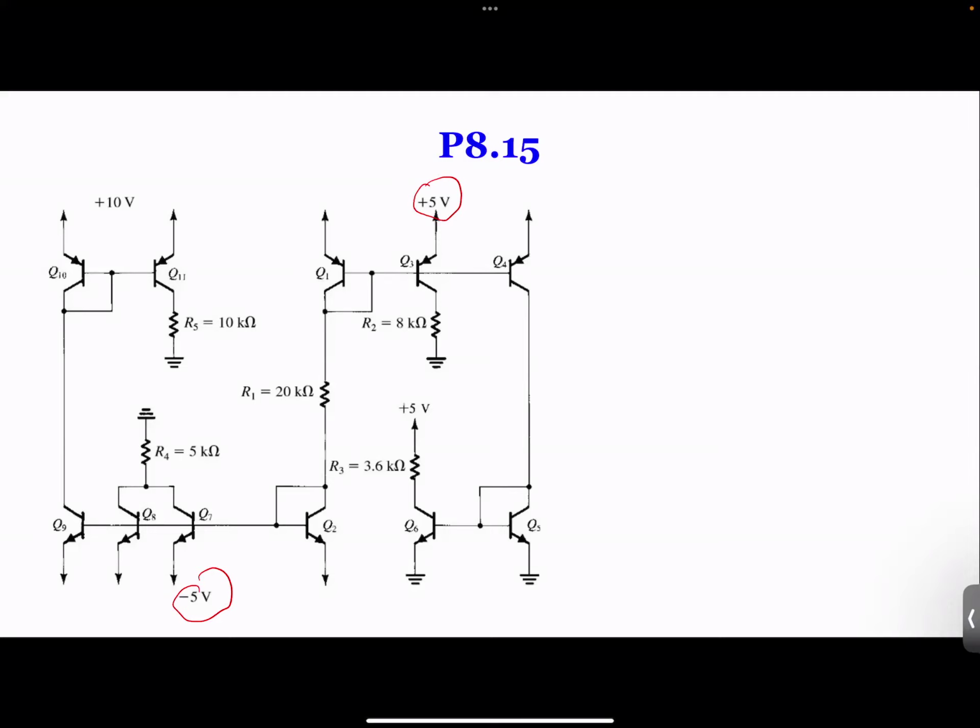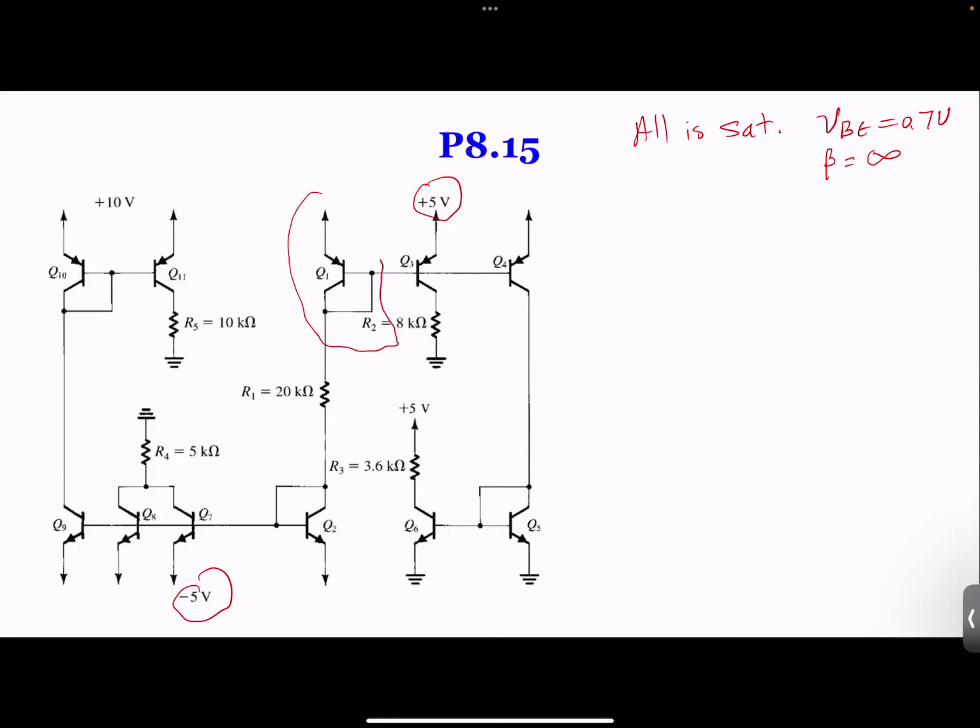Because they're all in saturation, we can say VBE equals 0.7 volts, and we also assume beta equals infinity.